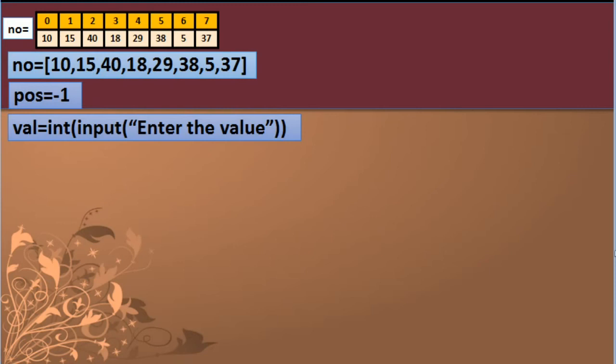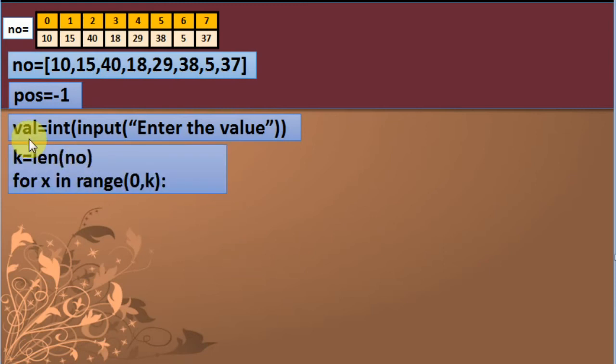Next is when we need to start our for loop from the starting index value, that is 0, to the last number, 7. We don't know the last number, so how do we get it? By using len. Len of no is going to count the number of numbers in a list and store it inside k, and it will run from 0 to k. k means if it is 8, it will work up to 7. k is going to be k-1 automatically, you know that.